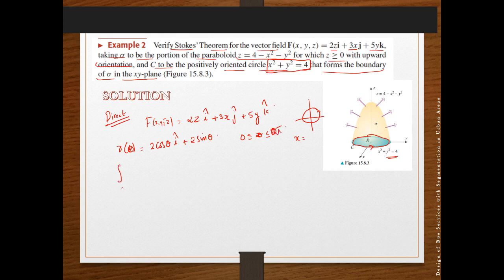Now I want to find the integral over C of F dot dr. F is 2z i plus 3x j plus 5y k, dot dr, where dr is dx i plus dy j plus dz k.